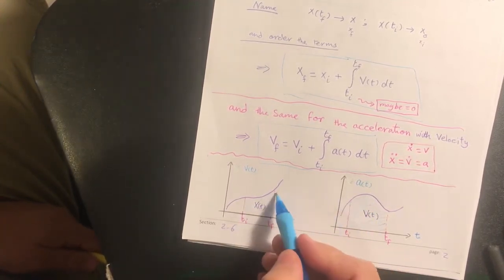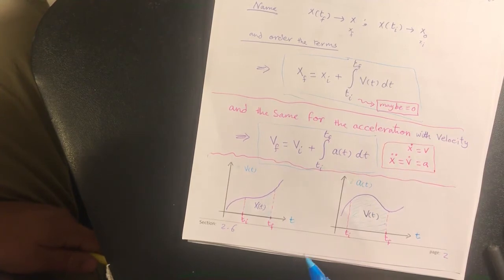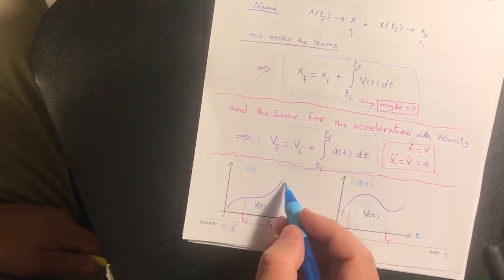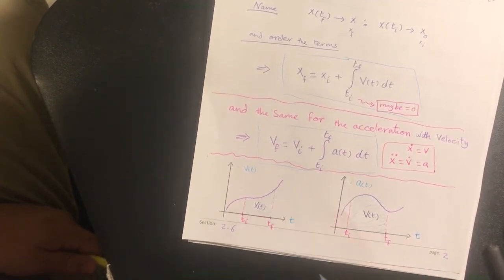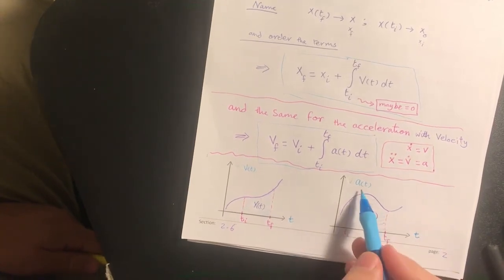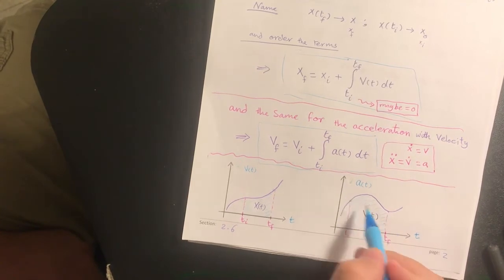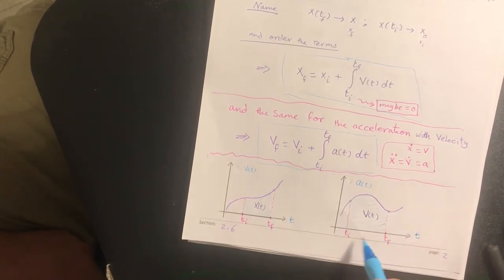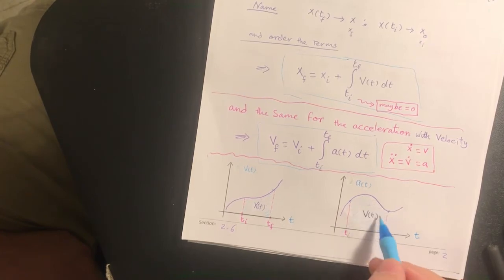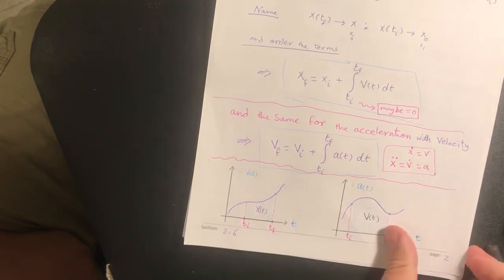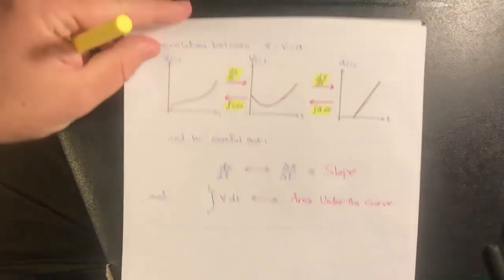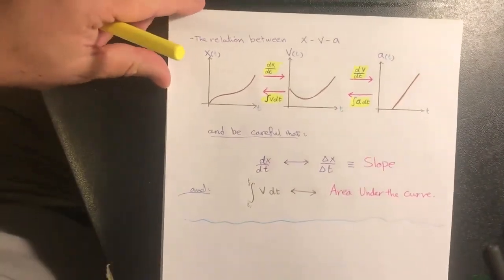And the acceleration is, as we saw before, the slope at a point. If we look at the acceleration versus t graph and integrate from t1 to t2, or t initial to t final, the area under that curve is the velocity. Be careful of that. This is the final idea.